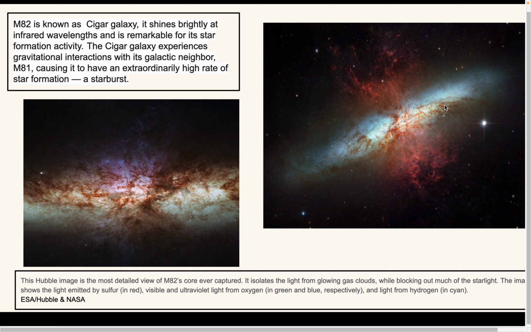Actively forming stars means there are many O type or B type high mass stars. These high mass stars emit UV photons. Now these UV photons get absorbed by the gas and dust in the galaxy, and this gas and dust emit in the infrared. So this galaxy has a very bright infrared emission.